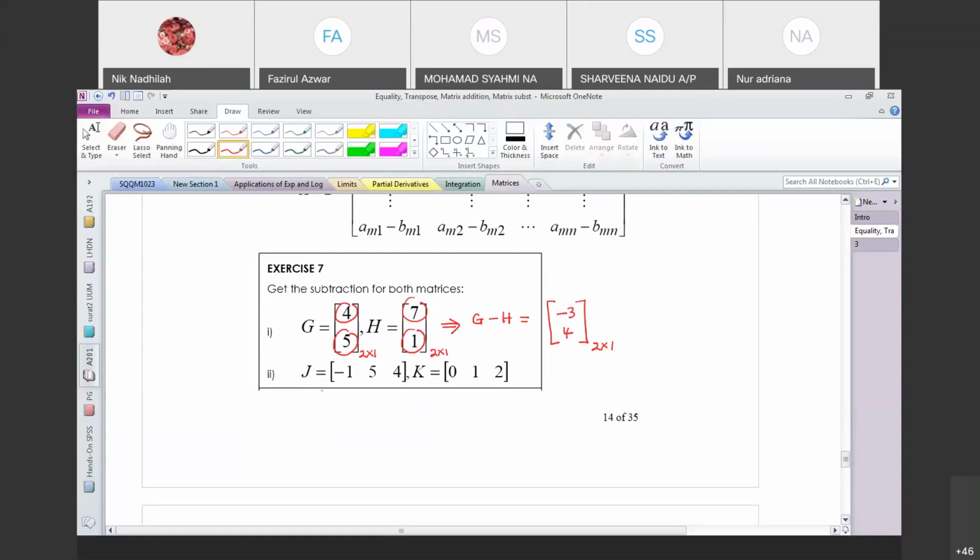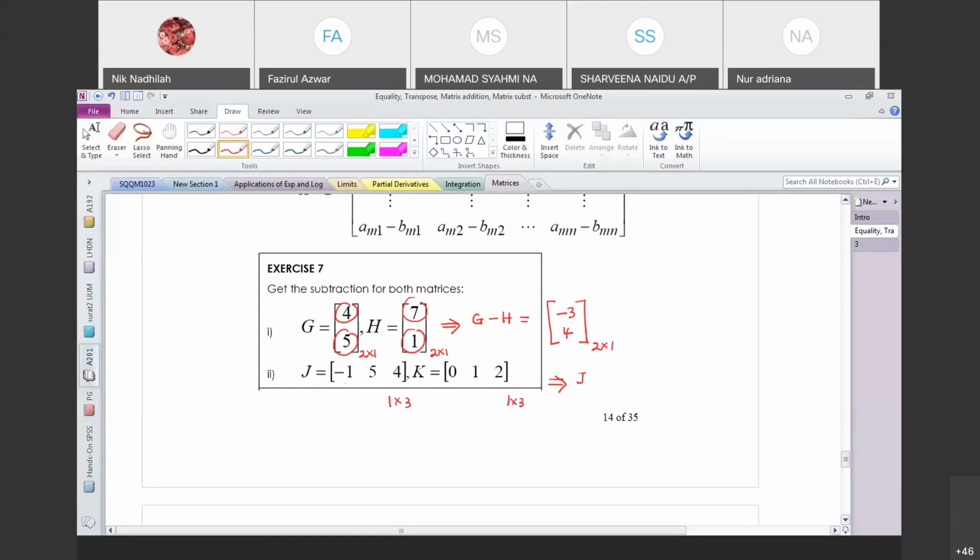Let's do some more for 2 Roman. Okay, so what is the order of the matrix J? This is 1 by 3. This is also 1 by 3. So you can subtract.